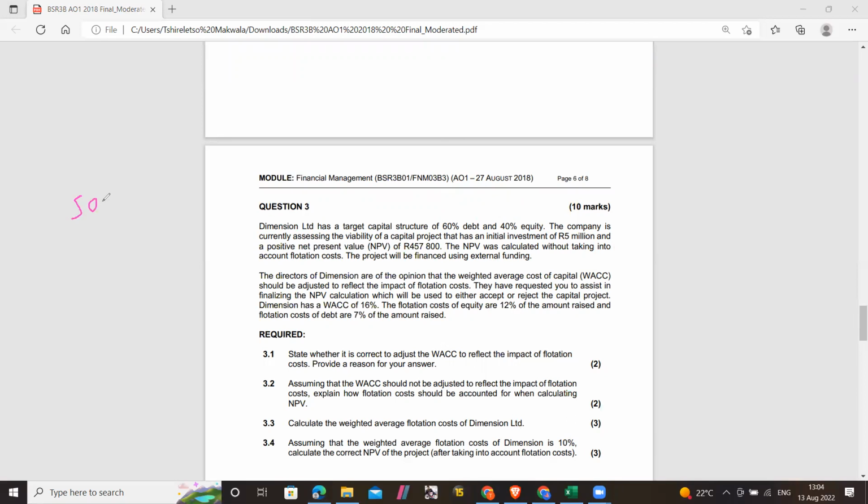We say 5 million multiplied by 100 over 90. Because this is 90%, and we want to change it to 100%. That's how we change it to 100%.